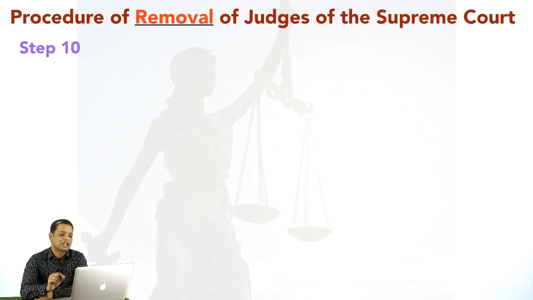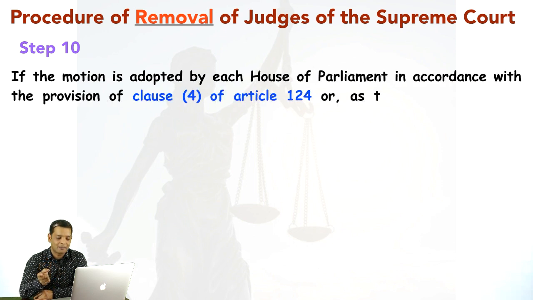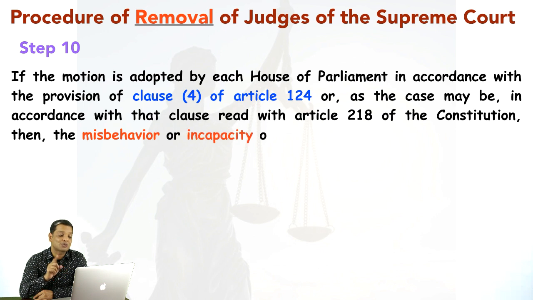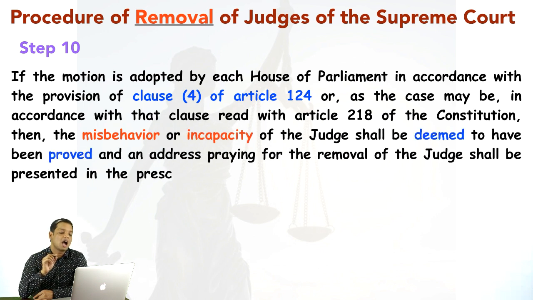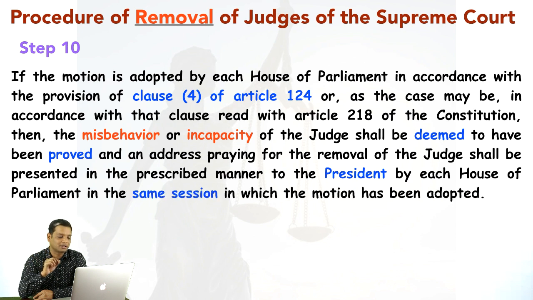So, now let us check out step 10. If the motion is adopted by each House of Parliament in accordance with the provision of clause 4 of article 124, remember, or as the case may be in accordance with that clause read with article 218 of the Constitution, that is in case the judge is of a High Court, then the misbehavior or incapacity of the judge shall be deemed to have been proved, and an address praying for the removal of the judge shall be presented in the prescribed manner to the President by each House of Parliament in the same session in which the motion has been adopted.